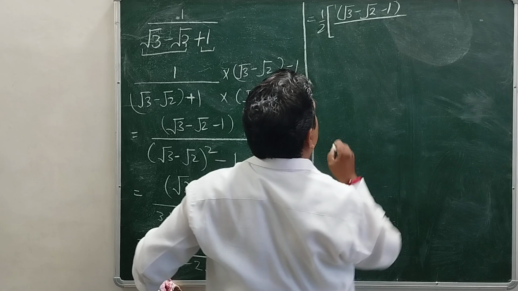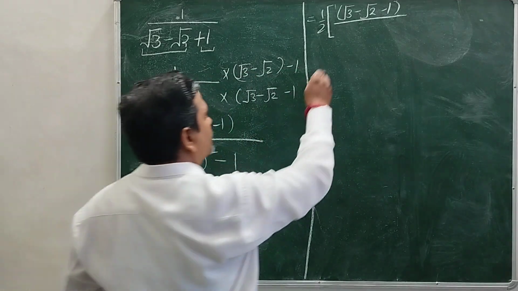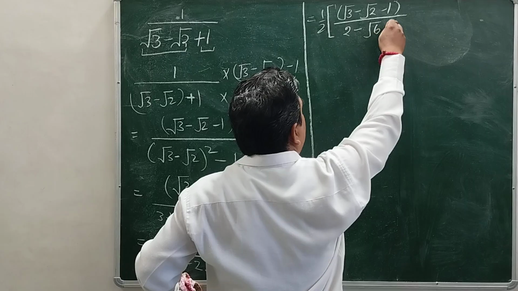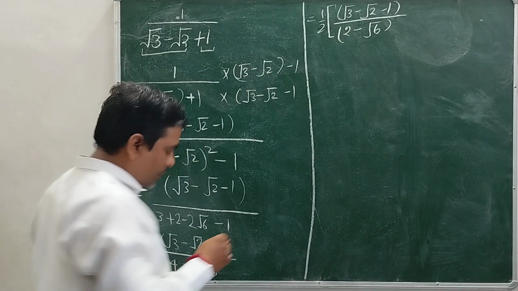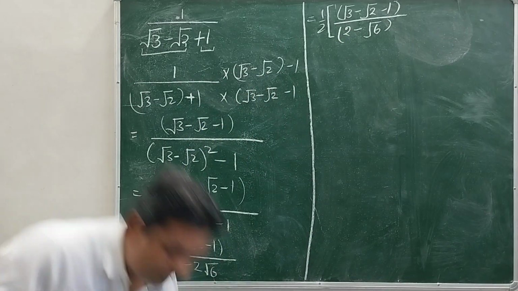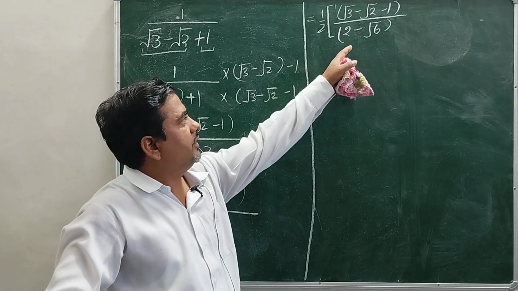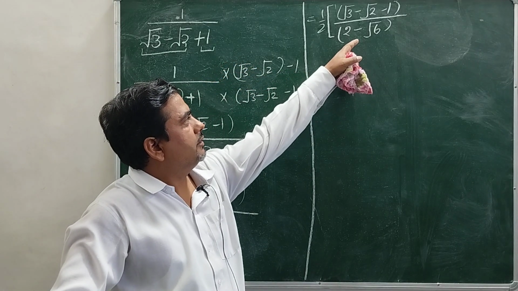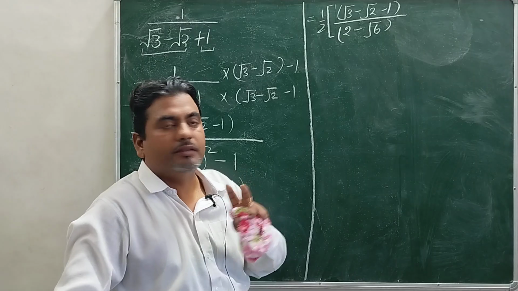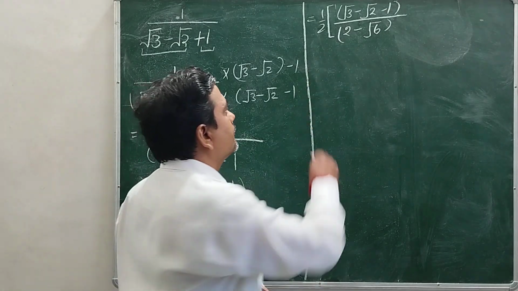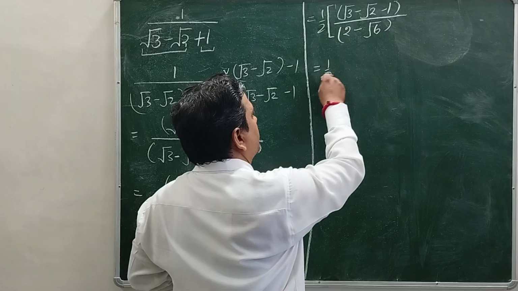And in the denominator 2 is outside, so this is what? 2 minus root 6. Okay, so now we can see the problem is again just like we have already done, that in the denominator there are only two terms. Okay, so now what we do? Again go for the rationalization.